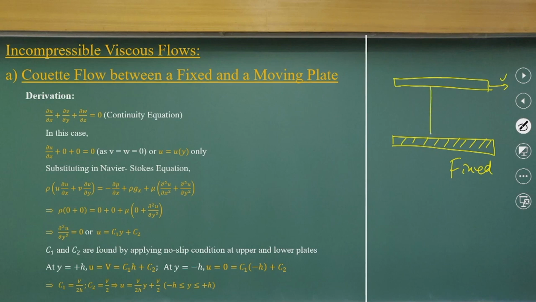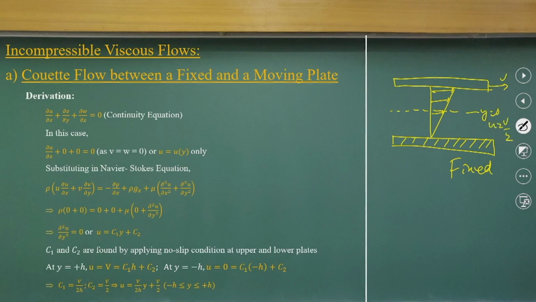If you look at the viscous flow, it will have a linear velocity profile. At y equal to 0, substituting y equal to 0, you will have v by 2.